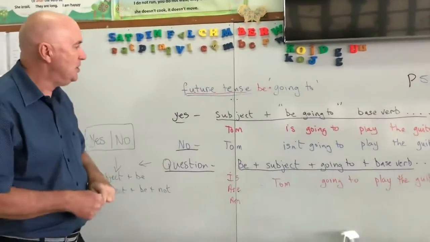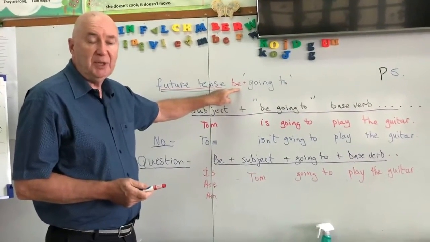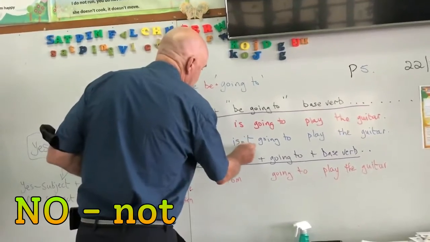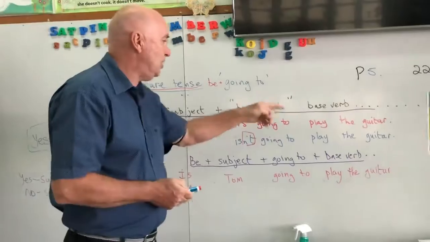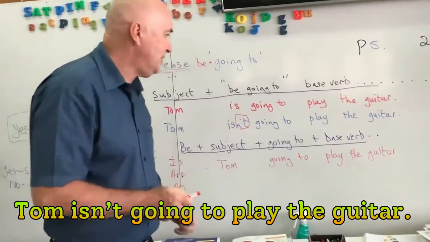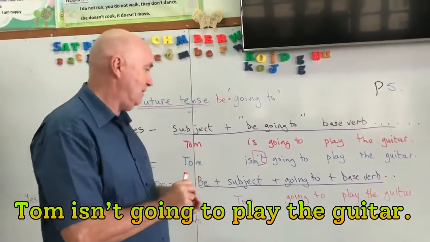If we want to say no, of course, anytime we use the verb be, we just use not. So we put not here after the verb be. So yes, Tom is going to play the guitar. No, Tom is not going to play the guitar, or isn't going to play the guitar.